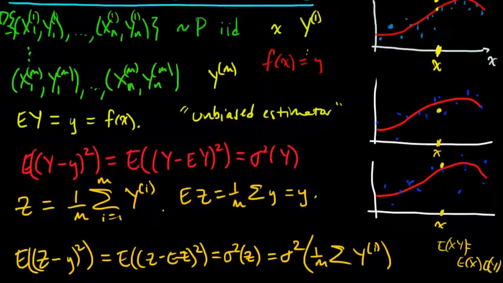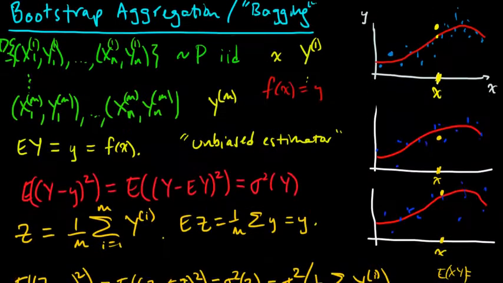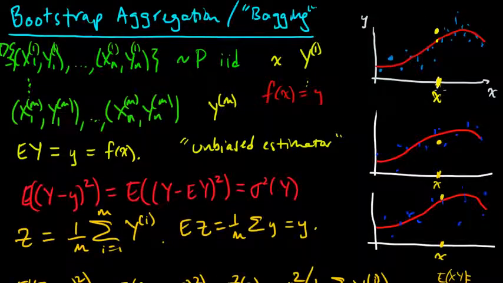In this case, averaging probabilities is exactly like the regression case, except instead of a point x here, we have the different classes y, and instead of y on this axis, we have the probability of the class.